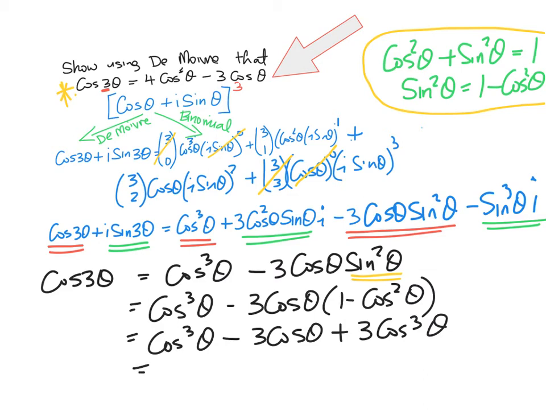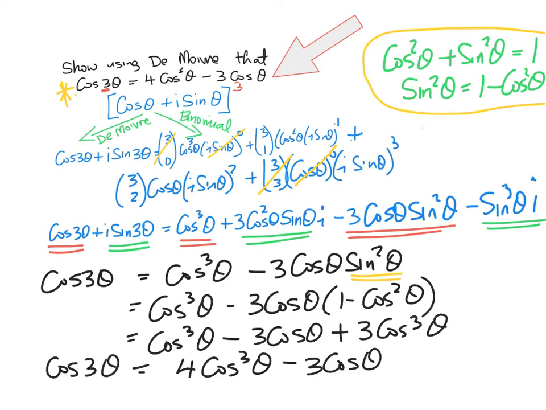And adding that up, I get 4 cos cubed theta minus 3 cos theta, which is exactly what they wanted us to prove at the top of the page. So I'm just going to write QED there, meaning quod erat demonstrandum, job done.